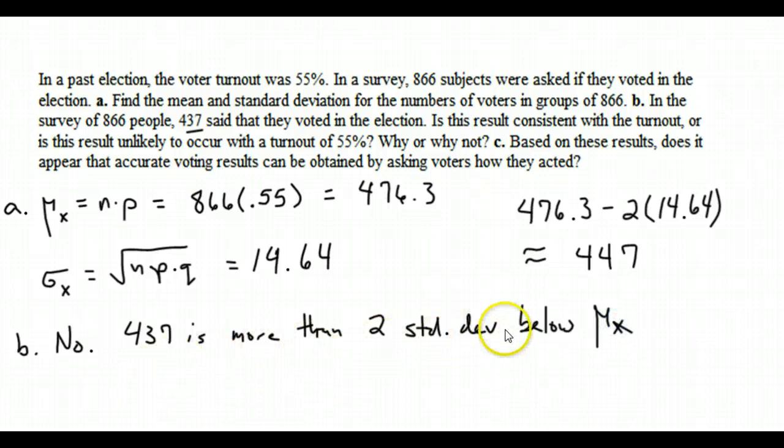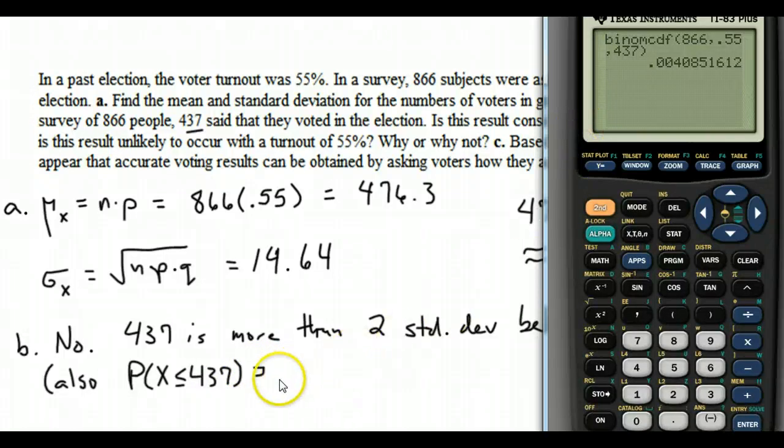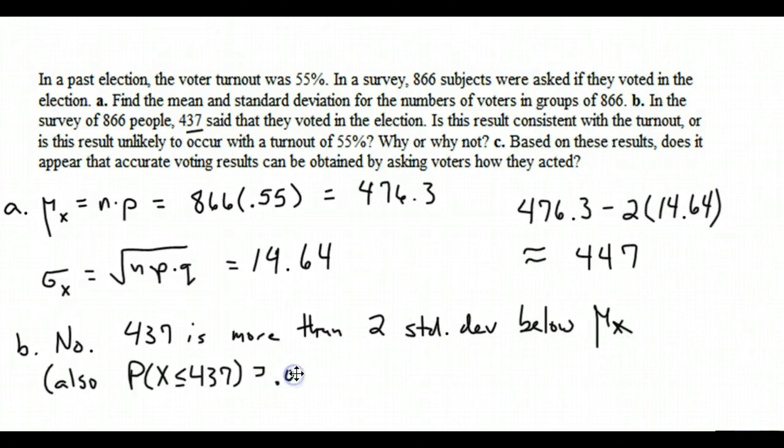But the other thing is it's rare by the binomial distribution also. The probability that the voter turnout was less than or equal to 437, which we just found in our calculator, was 0.004. So both of those are saying that this is rare: more than 2 standard deviations and the 0.004. Both of those answer B.